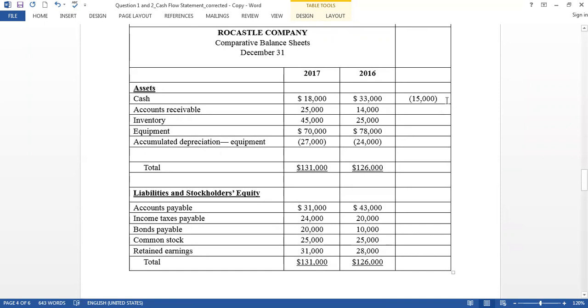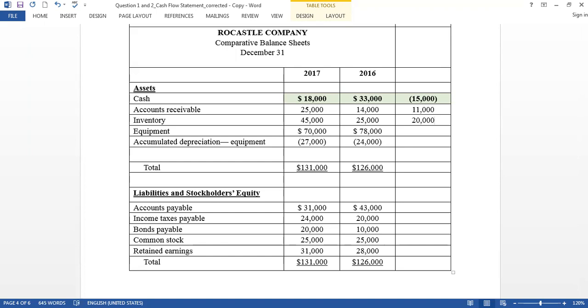And for your information, this is the answer, $15,000 minus. Now, what about accounts receivable increase or decrease? Accounts receivable increase $11,000. Then inventory increase $20,000.